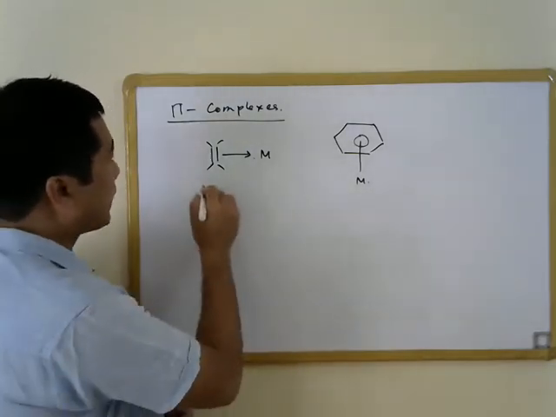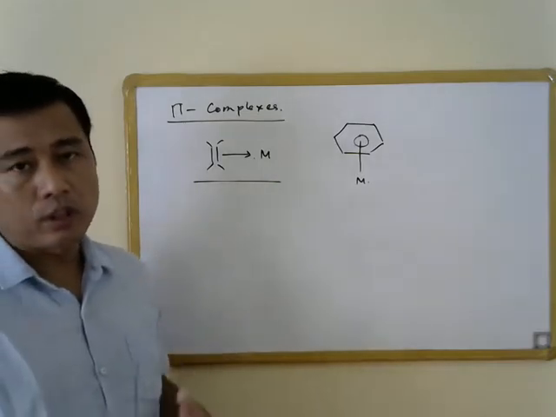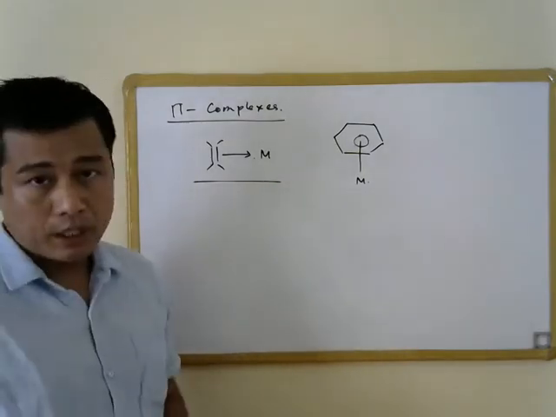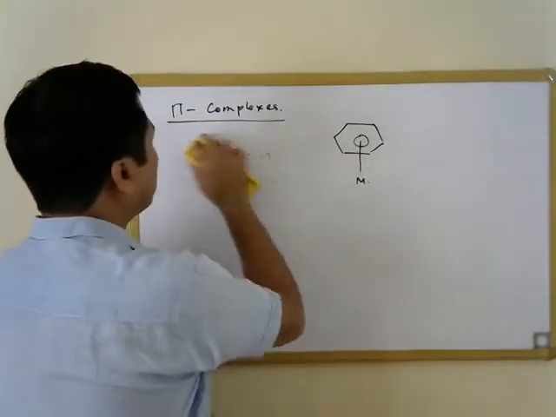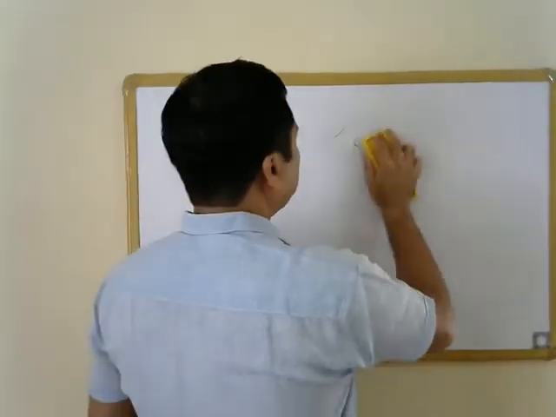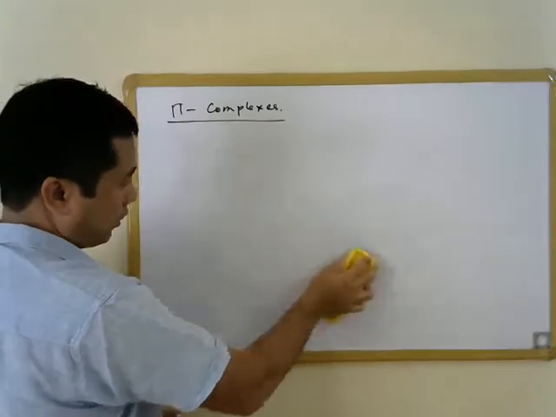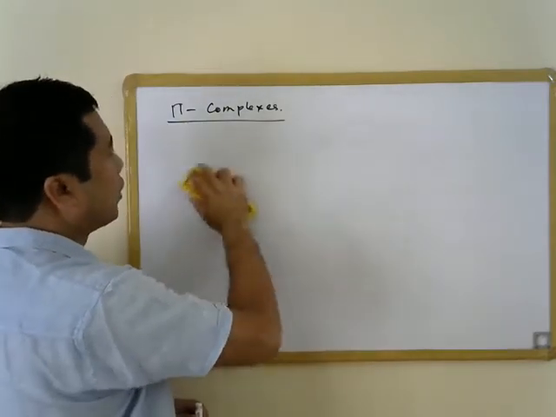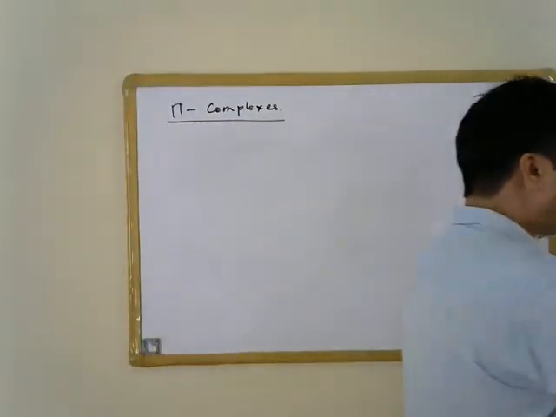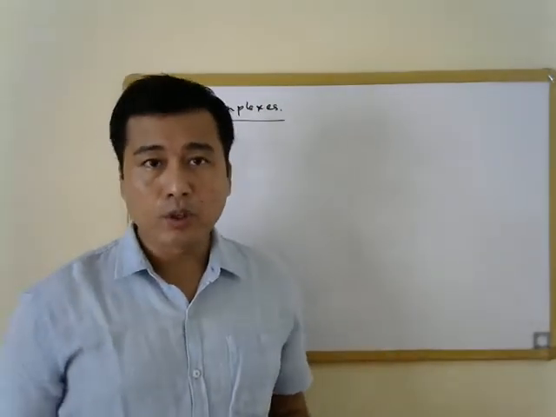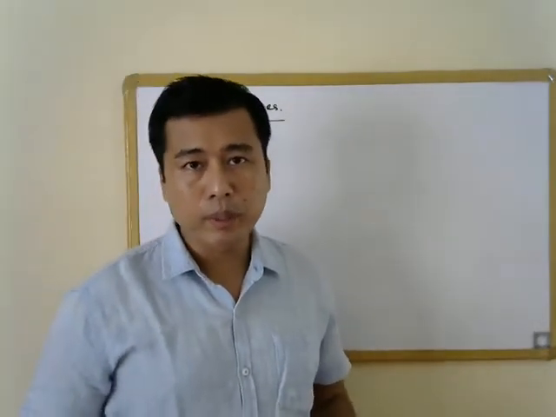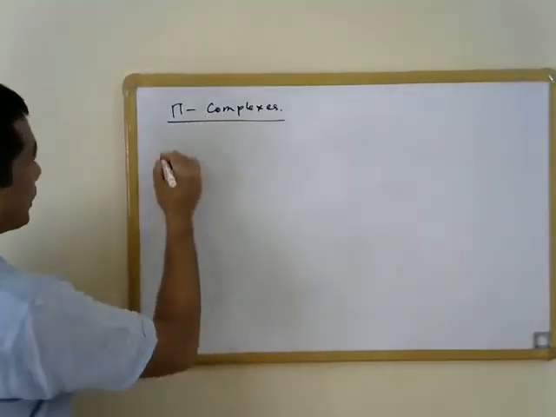So during this lecture we will discuss the chemistry of metal olefin complexes. The chemistry of metal olefin complexes is very old, even older than the chemistry of metal carbonyl complexes, as the first metal olefin complex was prepared way back in 1827.